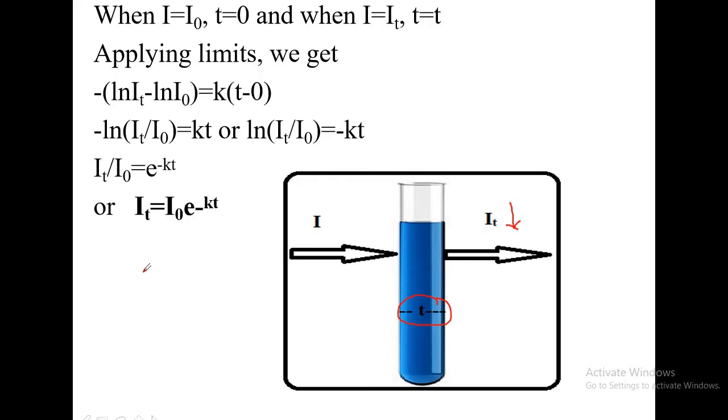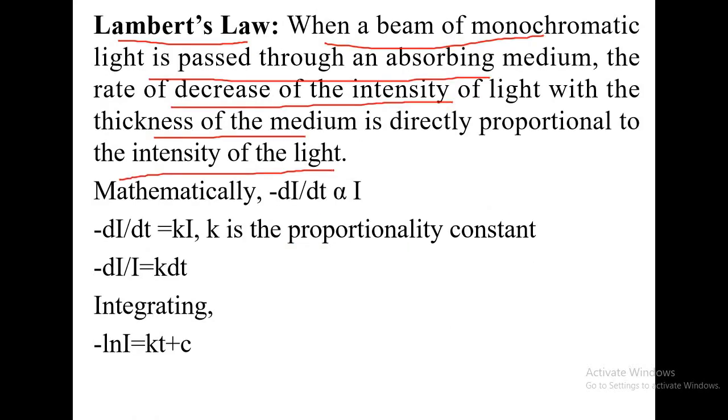So I repeat, according to Lambert's law, the mathematical statement is minus dI by dt is proportional to I. Minus dI by dt is equal to k into I, where k is the proportionality constant. Minus dI by I is equal to k into dt, that is after rearrangement.